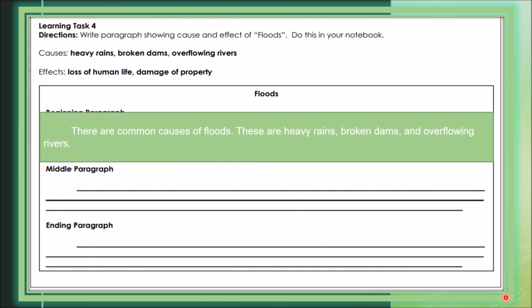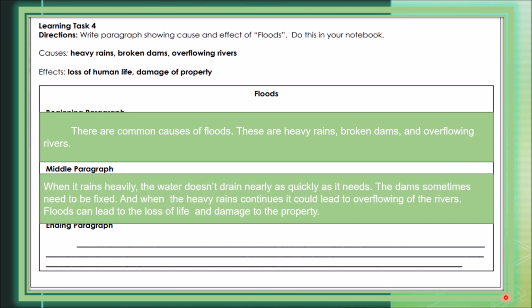Okay, like this. So, beginning: there are common causes of floods. These are heavy rains, broken dams, and overflowing rivers. Simple as that. Then, when it rains heavily, the water doesn't drain as quickly as it needs to. The dams sometimes need to be fixed, and when the heavy rains continue, it could lead to overflowing of the rivers.